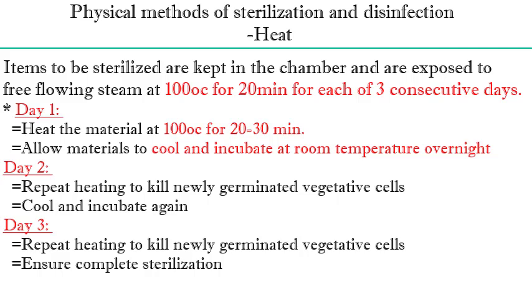Day 2, repeat heating to kill newly germinated vegetative cells, then cool and incubate again. On the third day, repeat the heating to kill newly germinated vegetative cells. This ensures complete sterilization.